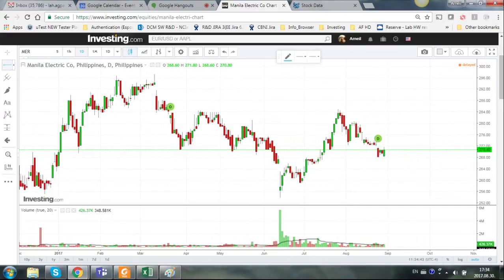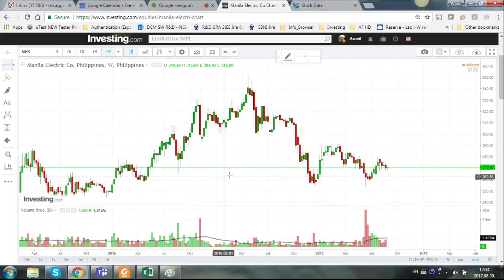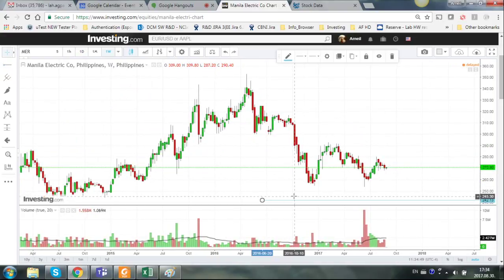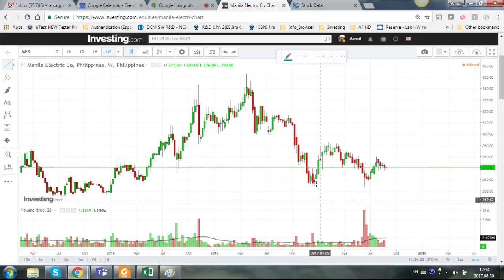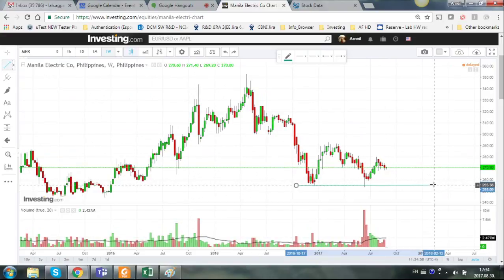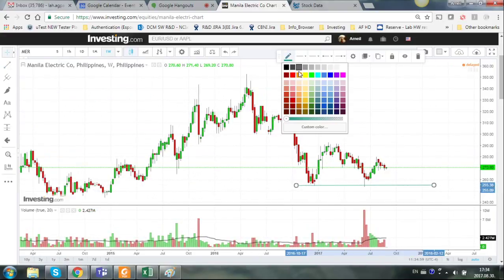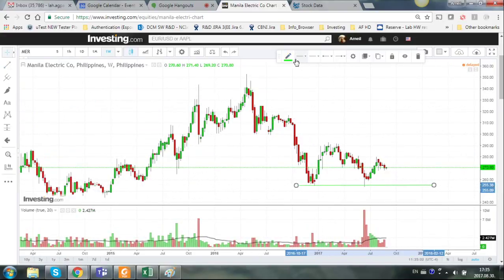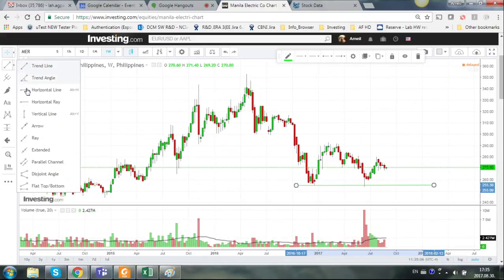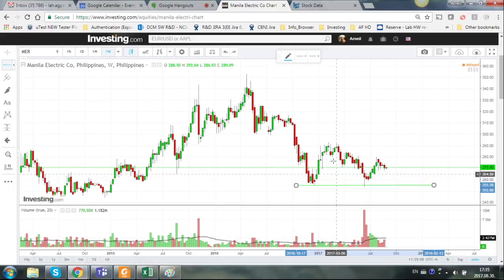Okay, so tingnan natin itong 1 week na chart. Yan, so 1 week na chart madaling mag-picture out ng support and resistance, kasi ito common points niya. This is green. And ito yung isa pang buying range.